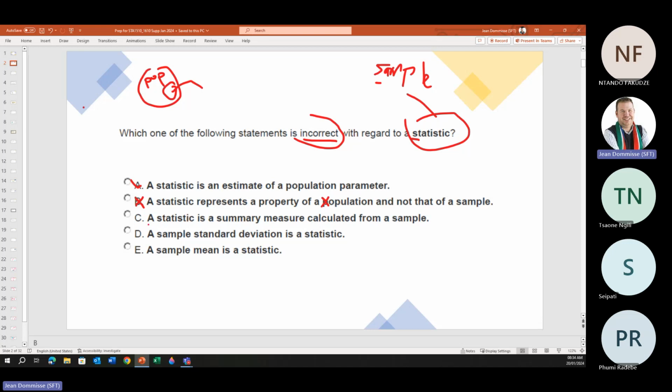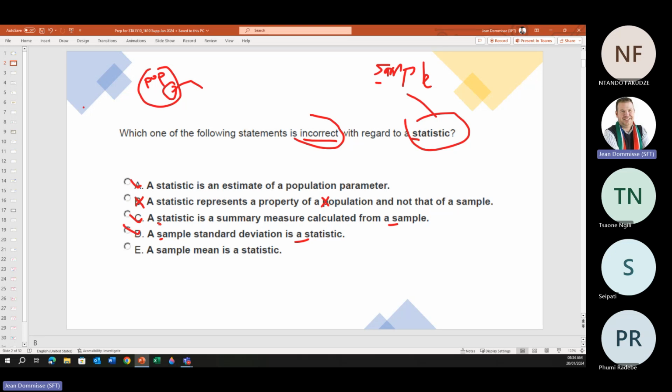Let's just look at why the others are also correct. A statistic is a summary measure calculated for a sample, and that is correct. Sample standard deviation is a statistic, is correct. If we had population standard deviation, that would have been a parameter. Just remember, everything that has to do with a population would be a parameter.